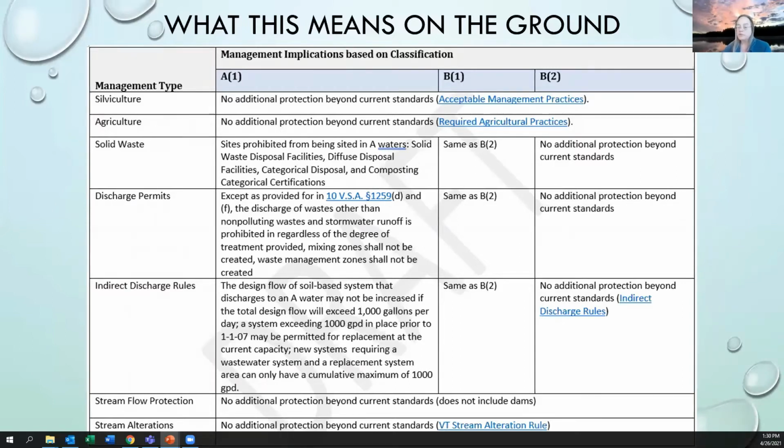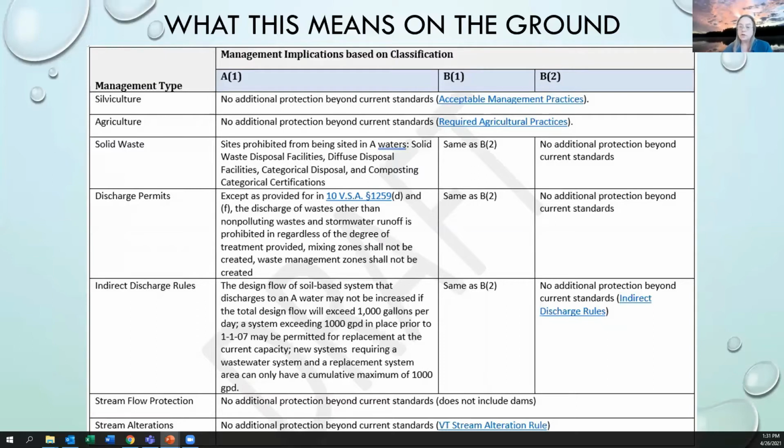A couple of things do make a difference, like if you want to locate a solid waste facility, or you want a discharge permit, or an indirect discharge, which is larger wastewater systems. Yes, there are implications for what you can and cannot do. And that's the whole idea. Some things are not appropriate in our most pristine waters. For stream flow protection, there's nothing.